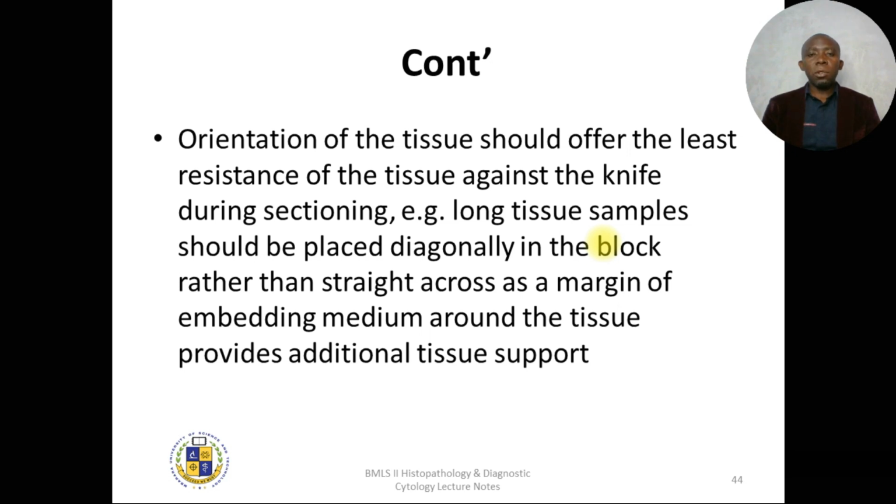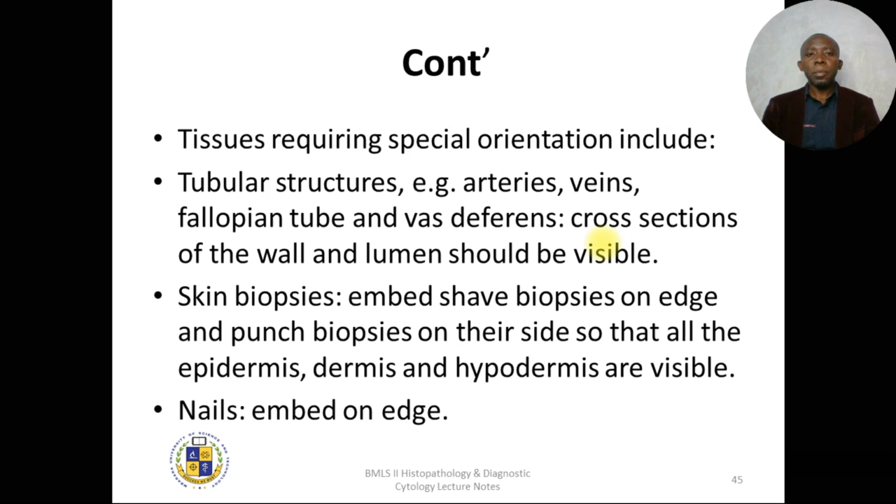I will make a presentation about orientation, and then we shall deeply look at how practically and with demonstrations we can do this orientation. So I encourage you to look out for my next presentation on tissue orientation, and then we shall appreciate very well how we do this diagrammatically with good illustrations.